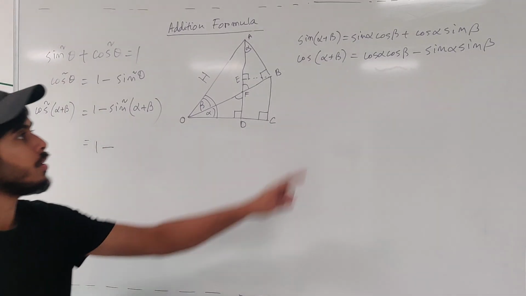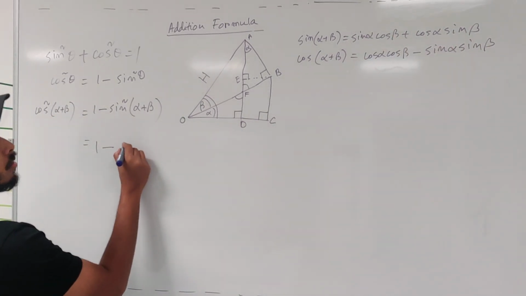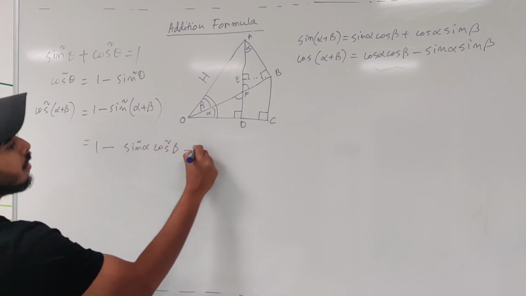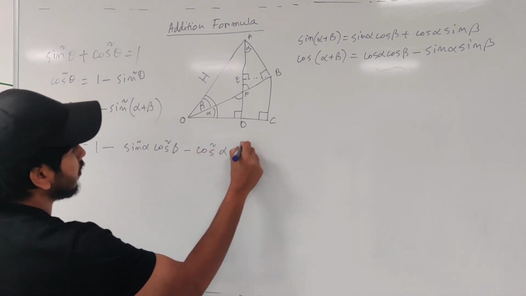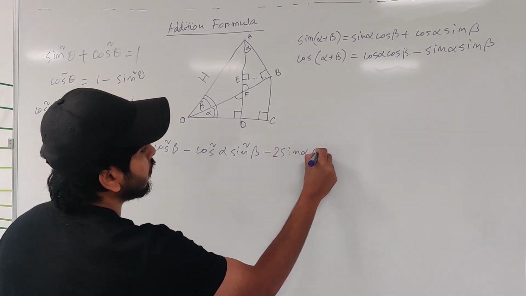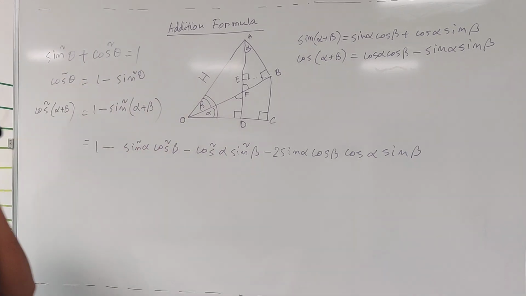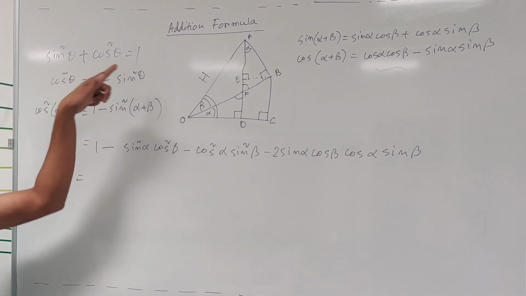1 minus, what is the square of this? Two things added: sine square alpha cos square beta plus cos square alpha sine square beta plus 2 sine alpha cos beta cos alpha sine beta, right? Now, I'm going to do a trick. The 1 reminds me of sine square theta plus cos square theta.